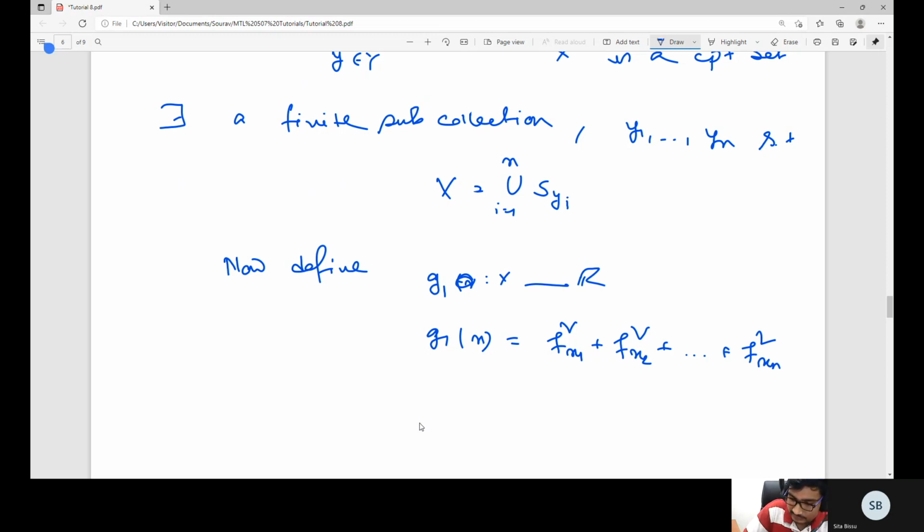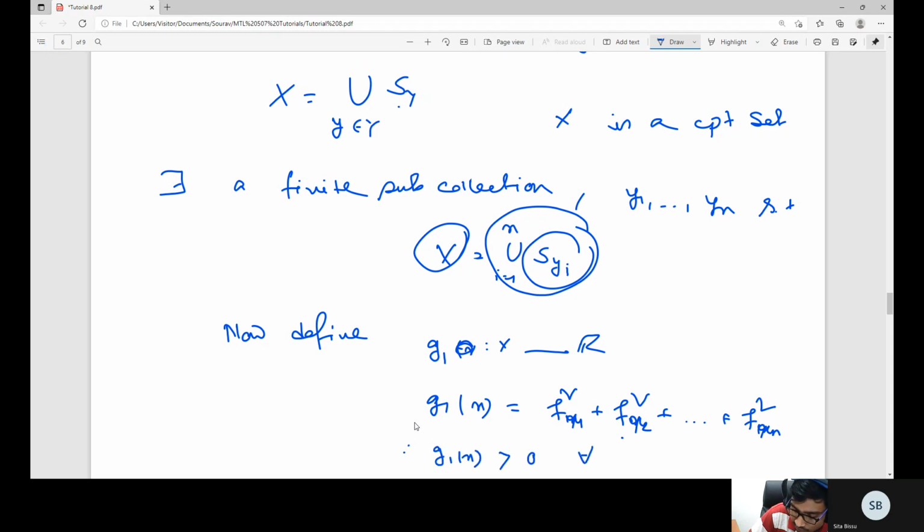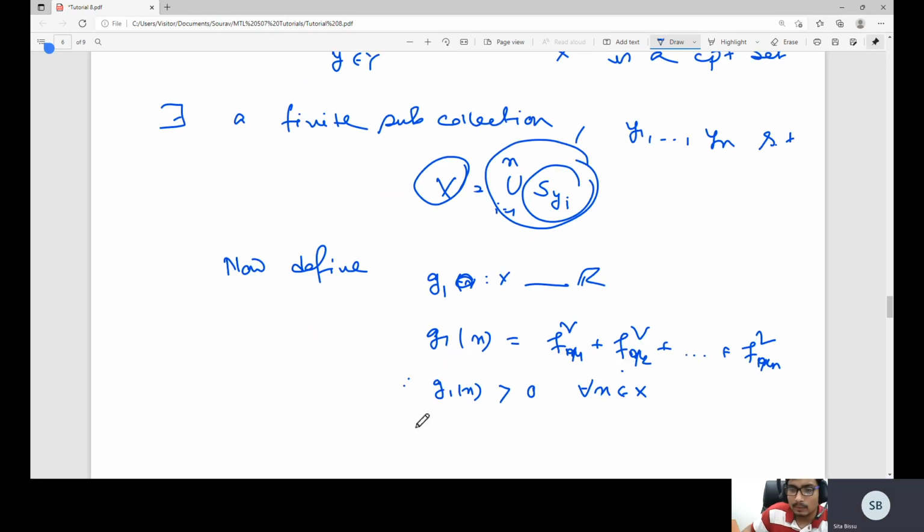Now for each x, X is the union of S_yi, and in S_yi this f_yi is non-zero. Therefore, its square is strictly positive. Therefore, g1(x) is strictly positive for all x belonging to X. Clear? Yes, sir. Because each x will be contained in some S_yi, and for that S_yi you will have f_yi non-zero, and therefore its square is positive.